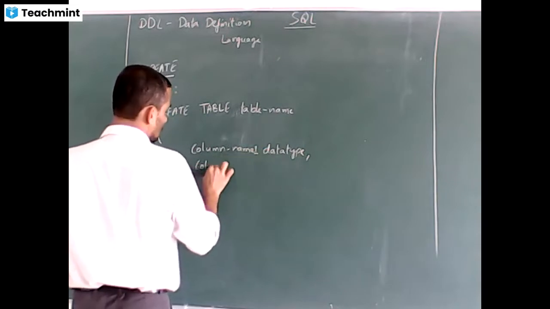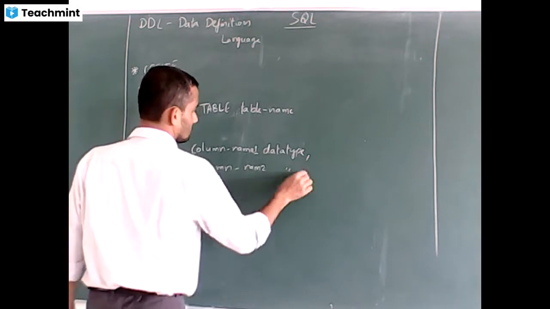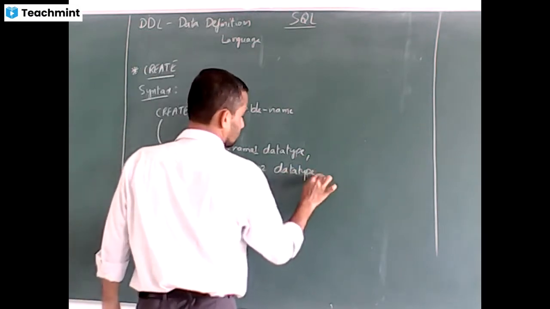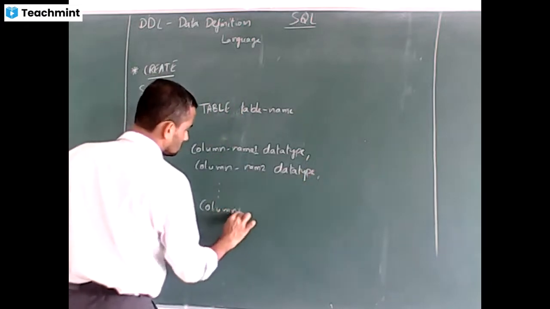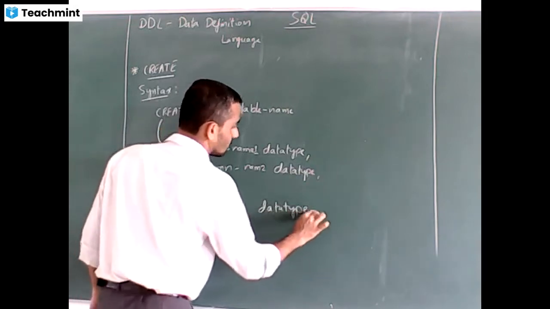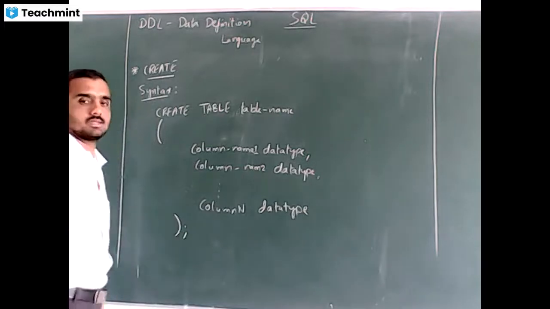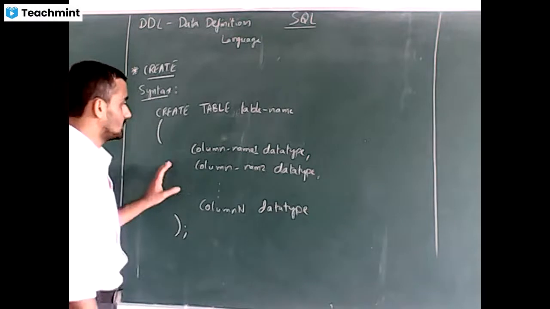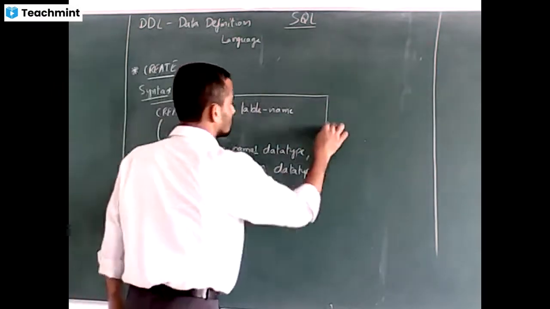Next, column 2, data type, up to column n, data type. For the last column, there is no comma. Then close the parenthesis and put a semicolon. In some SQL software, it will work even without a semicolon, but let us make a habit of writing semicolon, as in C++. So this is the syntax.